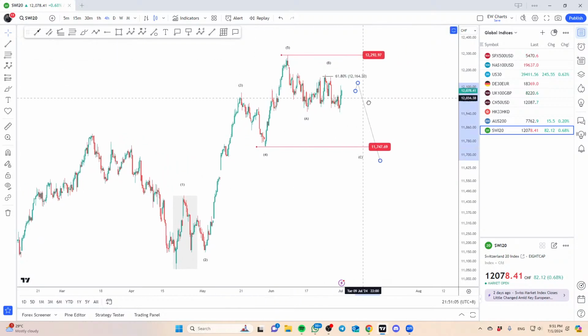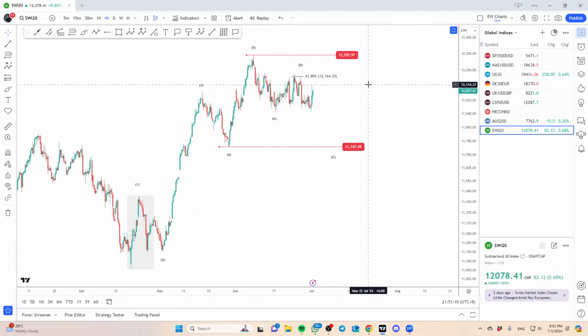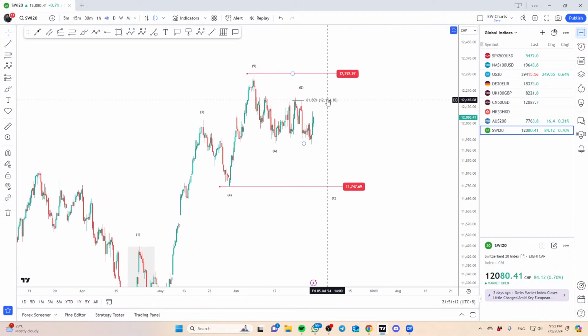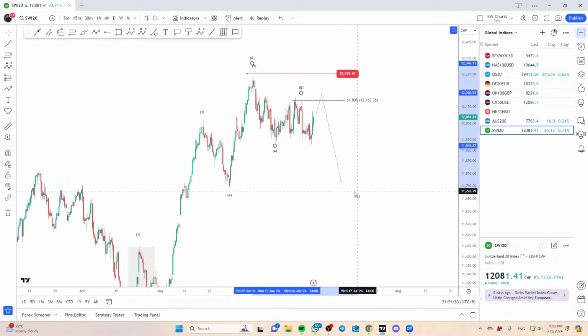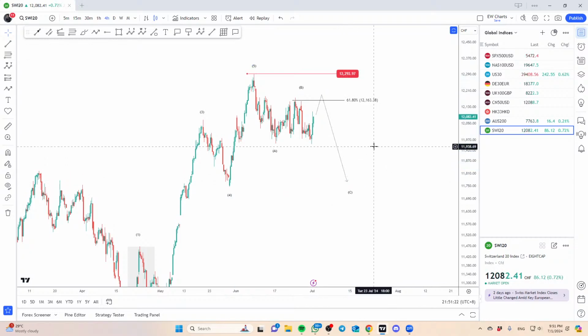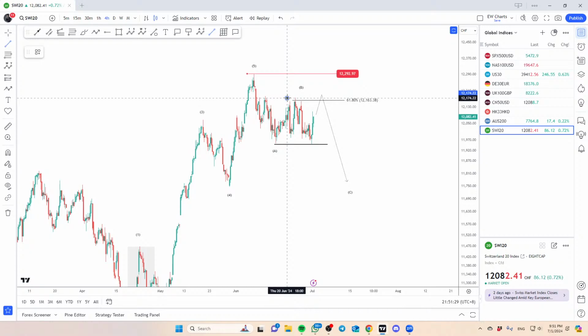This one looks pretty neat. Okay, just be careful. This may just come back one more time, retest the top again, and then drop. Yeah, so this one is quite clean as well, right? So we're looking at it where this can be just a regular flat structure.